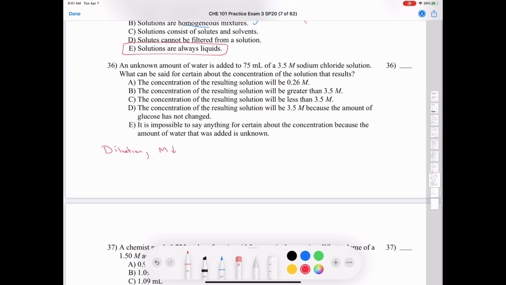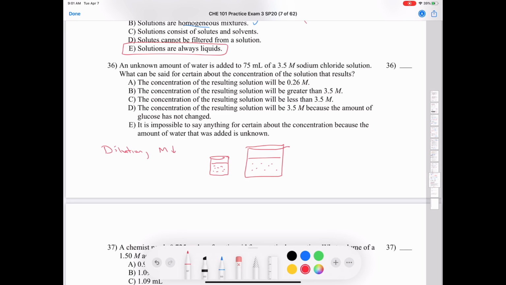And the reason why is because if you think about it, I have my container that's 75 milliliters and I have a certain number of particles in that volume. Well, if I increase the volume by diluting it, so this is my new container, let's say I have 8 particles.